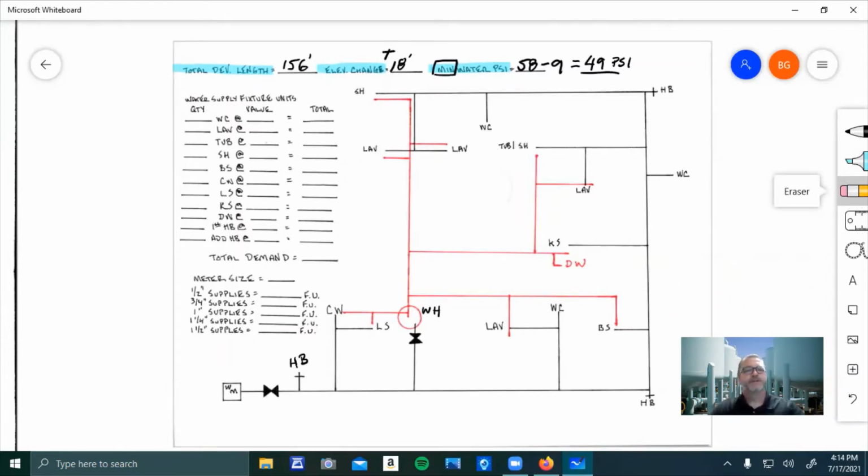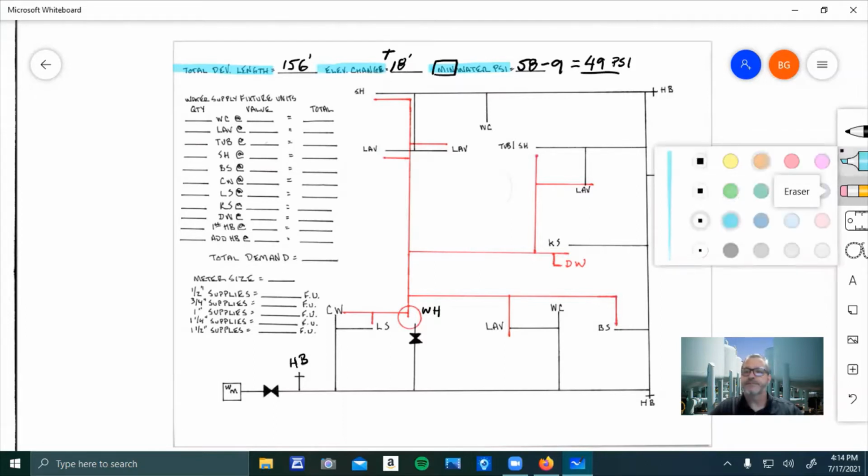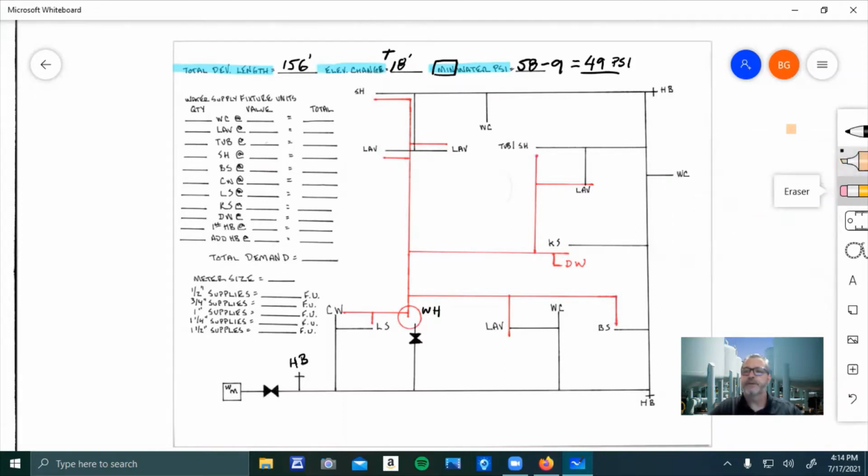All right. So how many water closets do we have? Let's go through, let's highlight these things. Okay. So let's highlight the shower. We have one shower there, and that's it, right? So we'll just go off one shower.